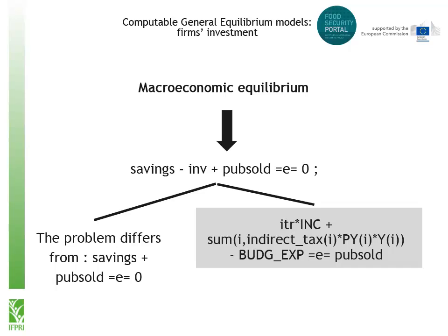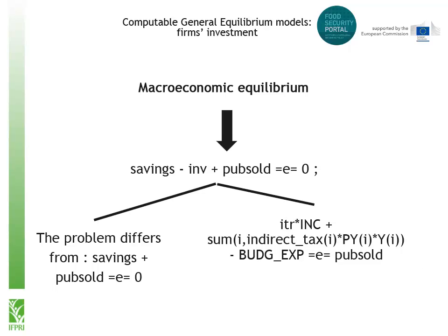So this equation determines either public expenses or pub sold. Why? Because the other endogenous variables are INC, which is determined elsewhere, PY and Y, which are also determined elsewhere. So it means that this public budget constraint determines either public expenses or the public sold.